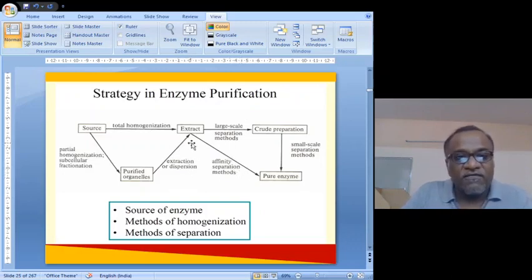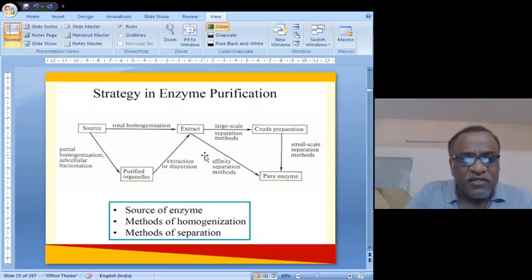And if it is not possible, you can directly homogenize, that is total homogenization of the source, so you get the extract. If you are not interested in some of the enzymes from the organelles, you can directly go for total homogenization of the source, then you get the extract. Then you can go for large scale separation methods, so you will get a crude extract, that is crude preparation. Then you can go for small scale separation methods to obtain the purest form of the enzyme.